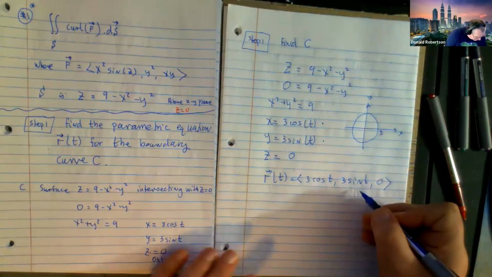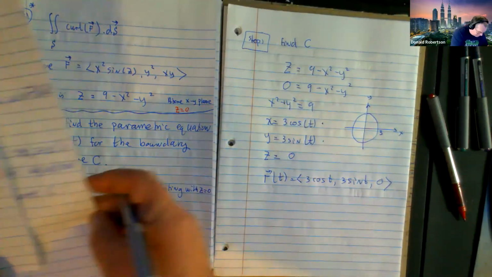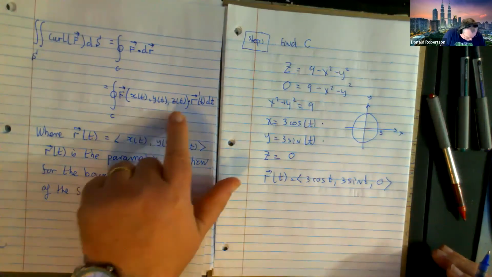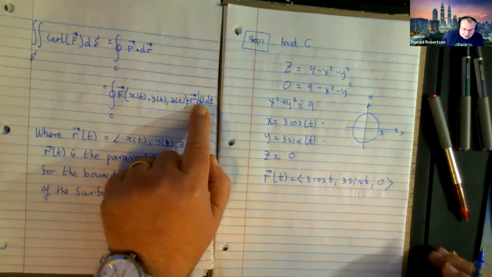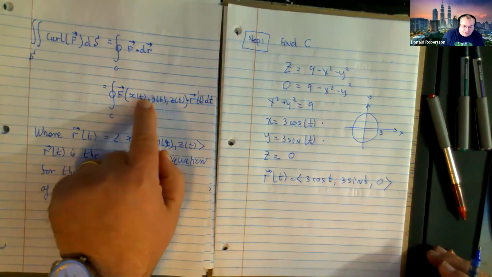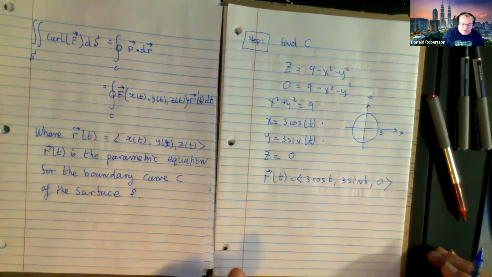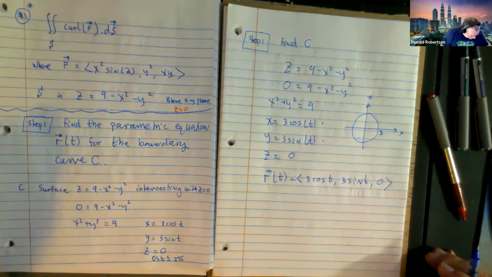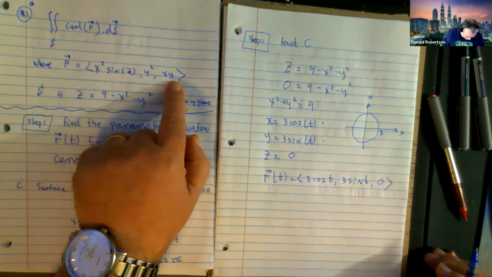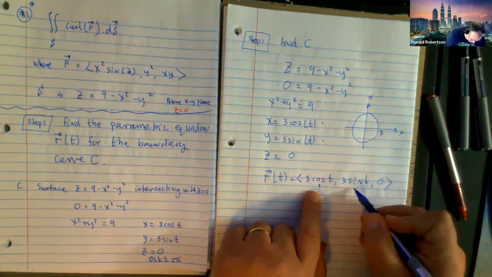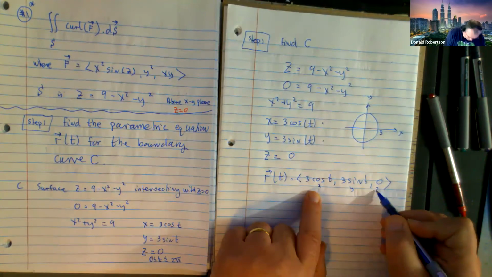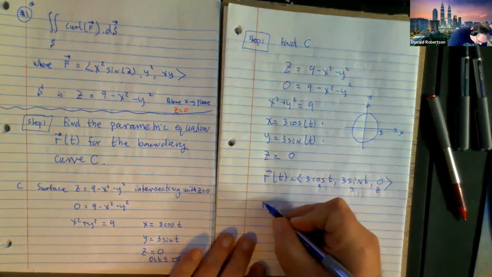Well, I need this guy, which is great, but I need him because he's going to be here and he's going to replace these three guys, which in our case is going to be this expression using x, using y, and using z. So let's get the derivative.